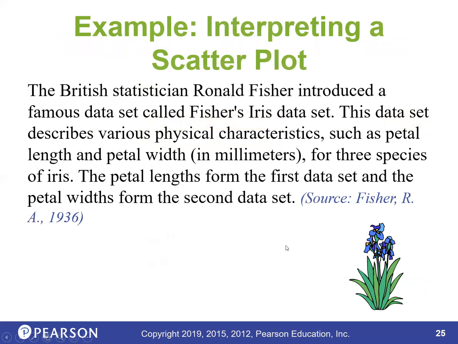British statistician Ronald Fisher was looking at certain physical characteristics of petals, the length of a petal and the petal's width. So the question is, is there a relationship between length and width?